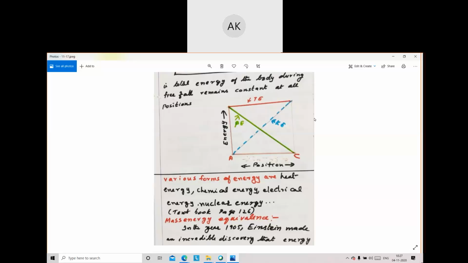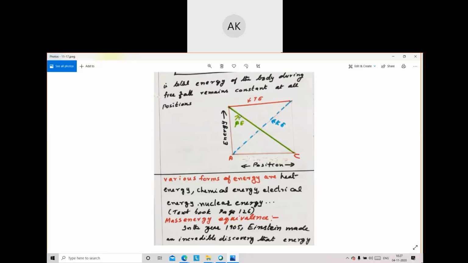We can see that during the free fall of a body, when we add both the energies, kinetic energy and potential energy, here they are equal at the center point between A and C. Near A, potential energy is maximum and at that time kinetic energy is minimum.